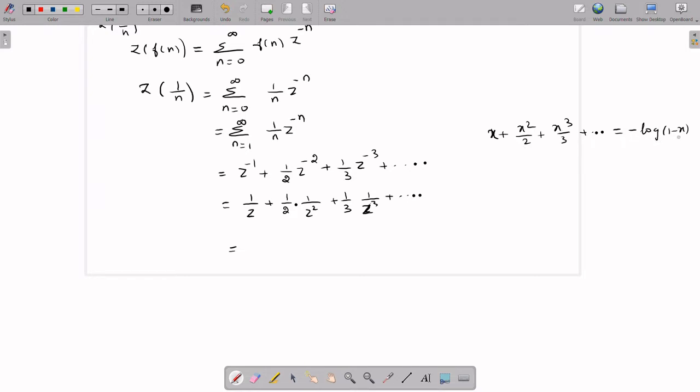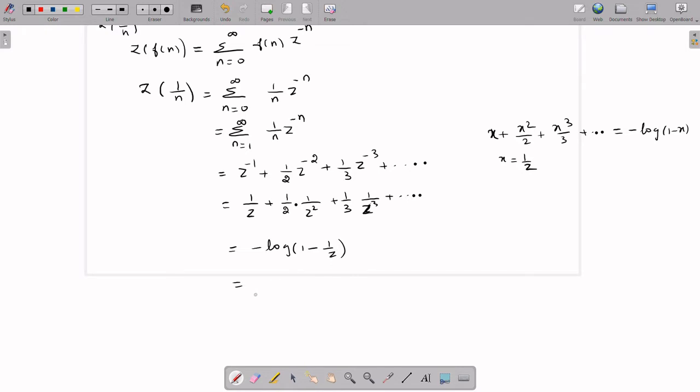But here in the place of x you have 1 by z. So when you substitute x is equal to 1 by z, the formula becomes minus log of 1 minus 1 by z. How will you write this term?